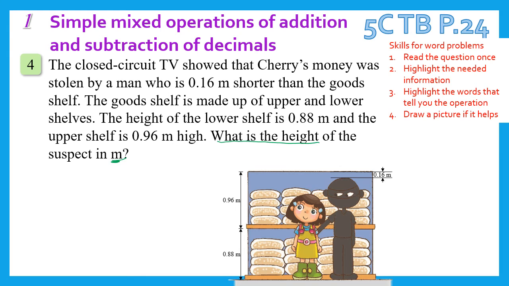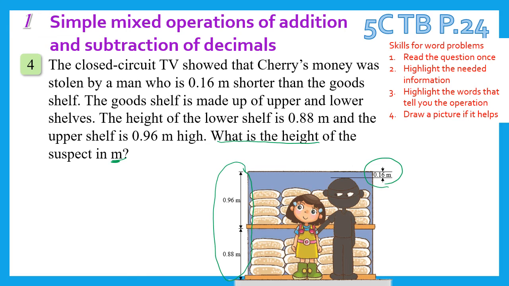It's telling you that Cherry's money was stolen by the man who is 0.16 meters shorter than the bookshelf. So the height of the bookshelf is the information that you need.